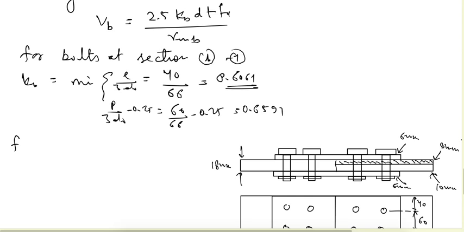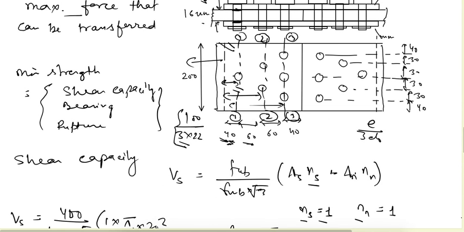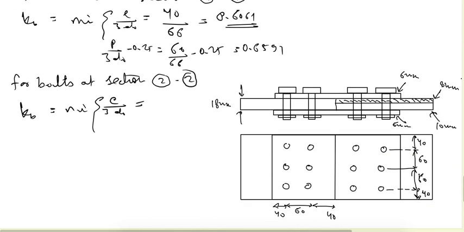But let's see for bolts at section 2-2. kb would be the minimum of these all. As I said, if we take e upon 3d0, e here becomes 40 plus 60, that is 100 divided by 66, which is greater than 1, so we will neglect this.